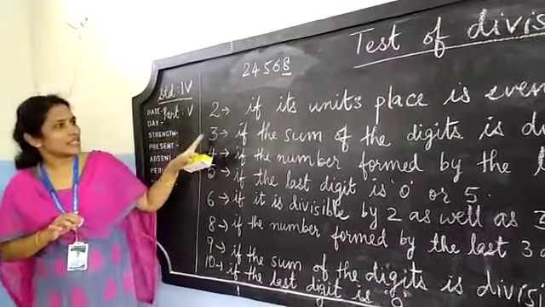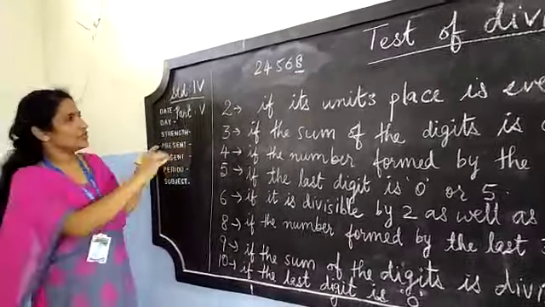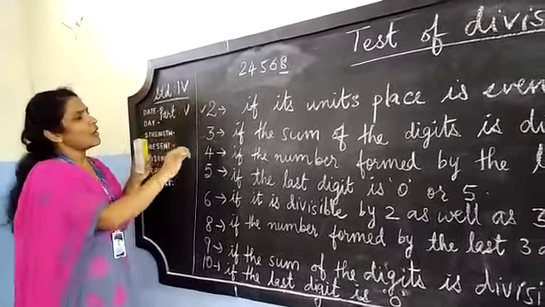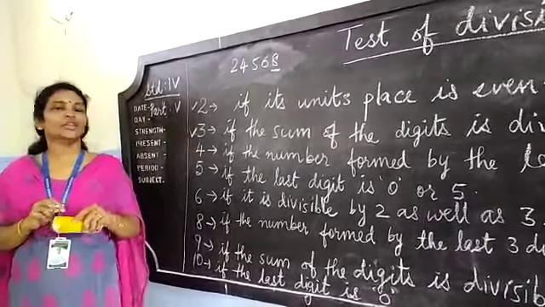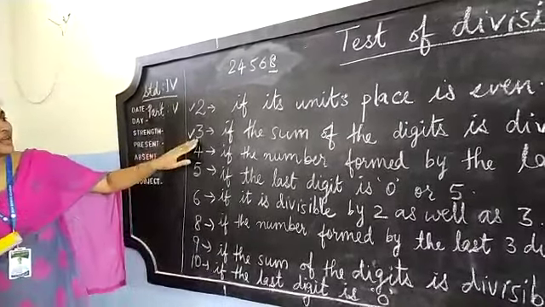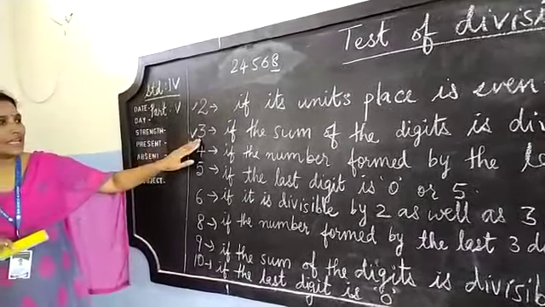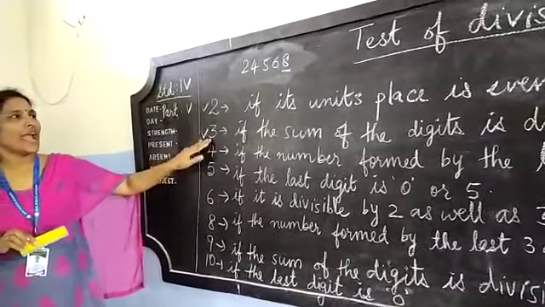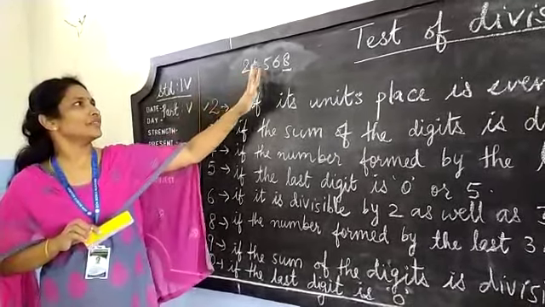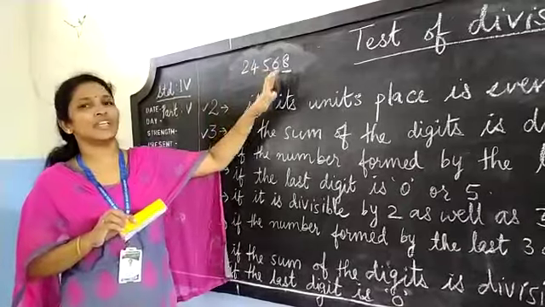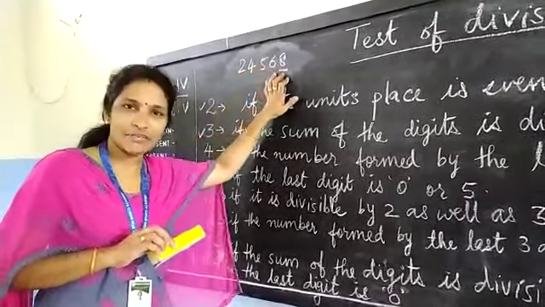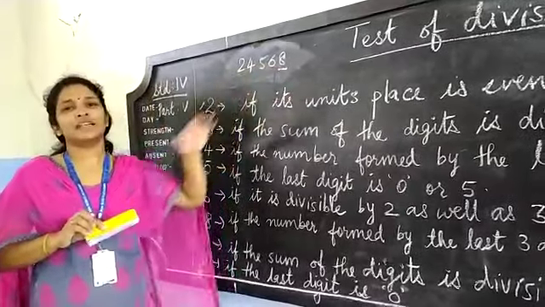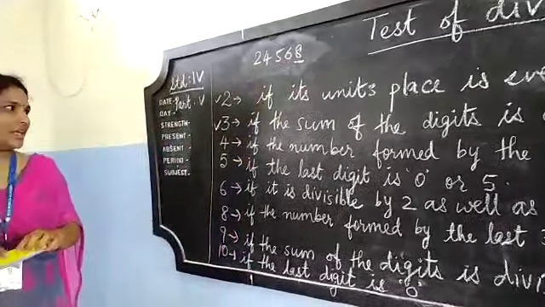Now, next we can see number 3. How can you find out whether a number is divisible by 3? We have to just add the digits of the given number. If the sum of its digits is divisible by 3, that number is divisible by 3.